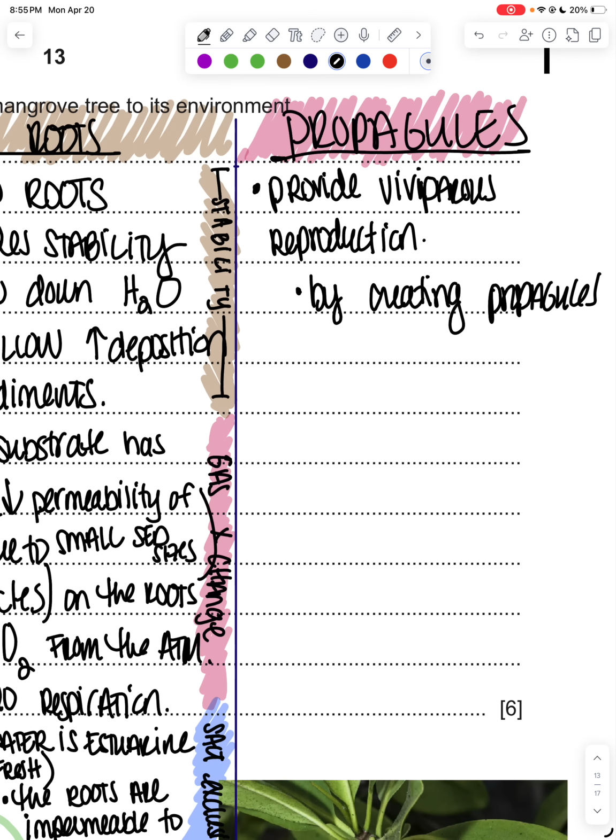I could describe them as like seeds that germinate on the trees, like they start growing on the trees. Propagules get nutrients and water from our parent plant.